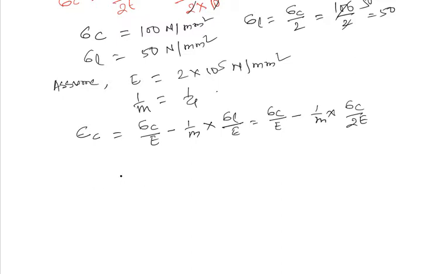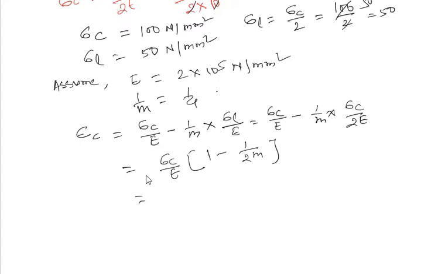Now circumferential stress sigma c by E into 1 minus 1 by 2m, correct? And sigma c is equal to PD by 2T, that we have already calculated, so no need to write this one. We can put the value of sigma c. So what is the value of sigma c?